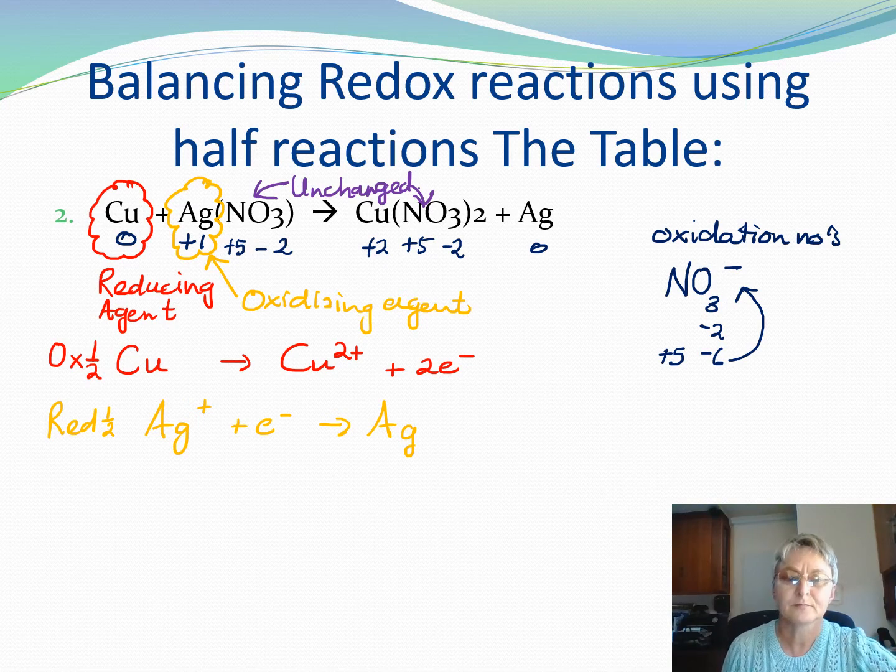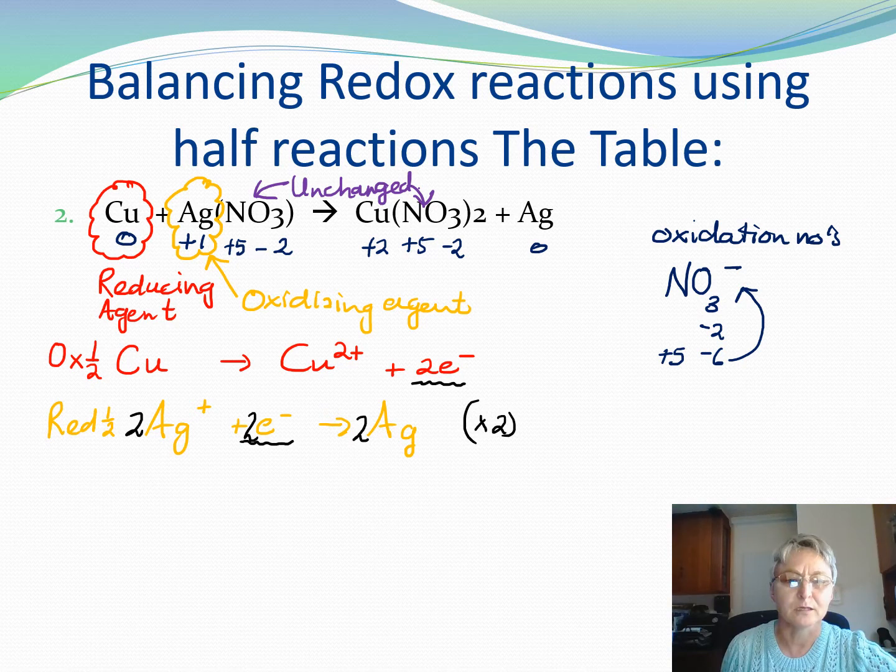Now, the number of electrons released by the copper must be the same as the number of electrons gained by the silver. So we need 2 silver ions to take the 2 electrons given off by the copper, and for every 1 atom of copper going into solution, there will be 2 atoms of silver deposited.